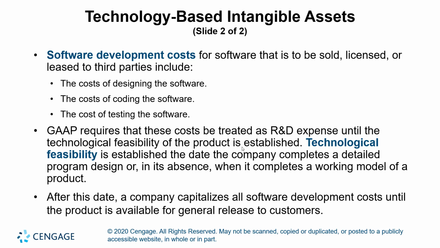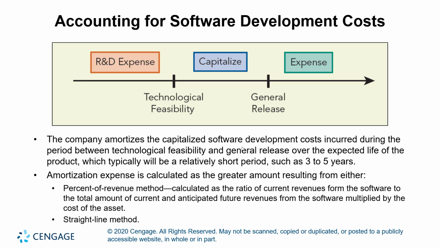After this date, the company capitalizes all software development costs until the product is ready for general release to customers. So here's a timeline of accounting for software development. They have R&D expense until technological feasibility, then they capitalize, then they have the general release, and then ongoing costs are just general expenses.